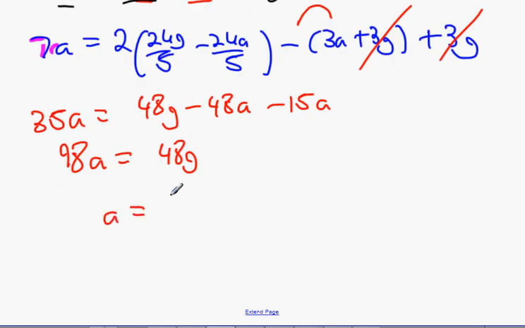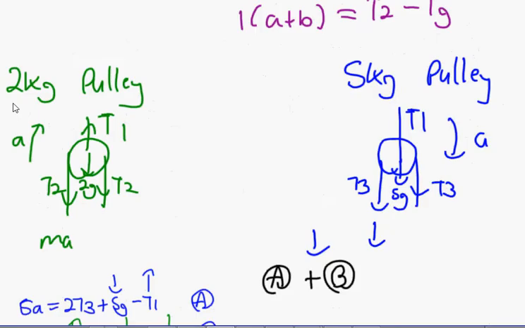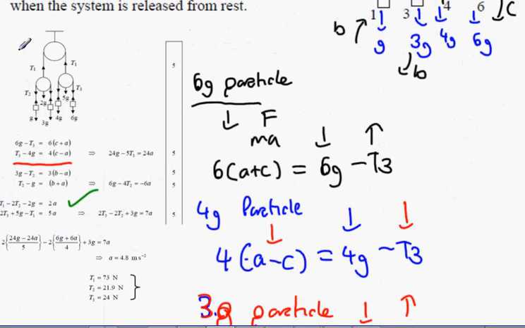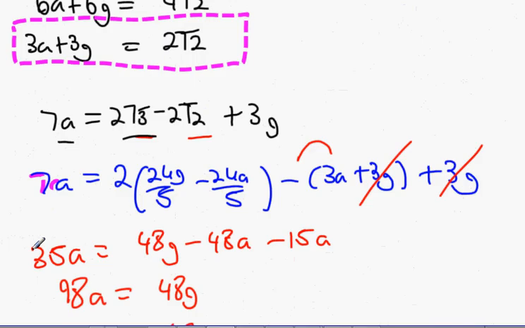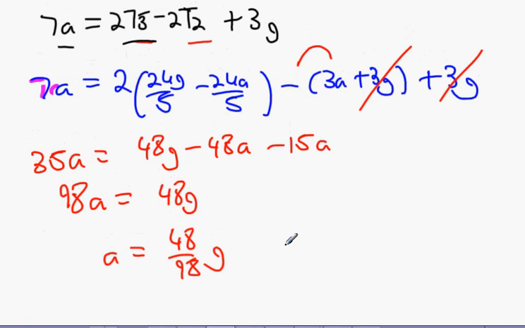What's 48 divided by 98, just out of interest? 24 over 49. 24 over 49 multiplied by 9.8? 4.8. Perfect. 4.8 meters per second squared. I've now found out what A is.